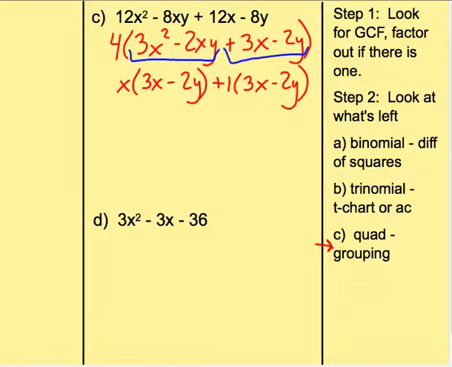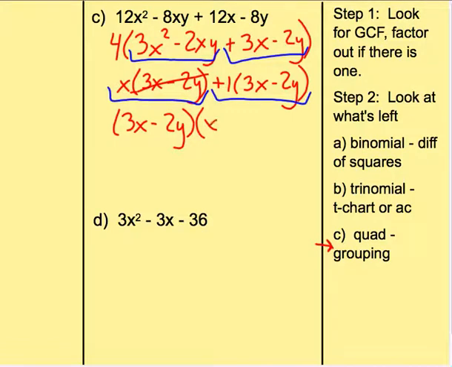And finally, looking at the 2 terms that I just created, they have a common factor of 3x minus 2y, leaving me with x plus 1, and not losing the GCF that I factored out in the first place.